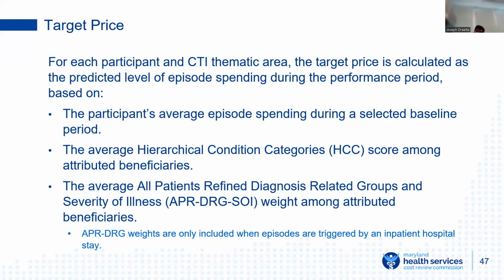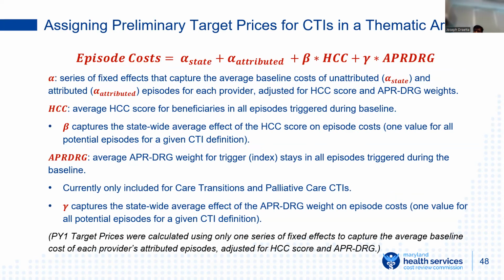And if the CTI thematic area is triggered by a hospital stay, and the CTI definition specifies including the cost of the inpatient stay when calculating the episode spending, the model also includes the average APR-DRG SOI weight among the attributed beneficiaries. That's represented here by this equation.